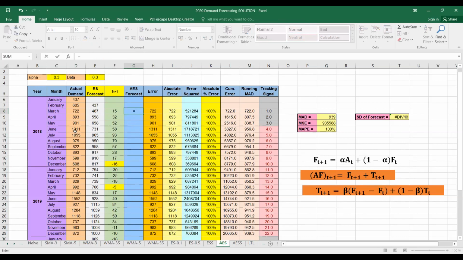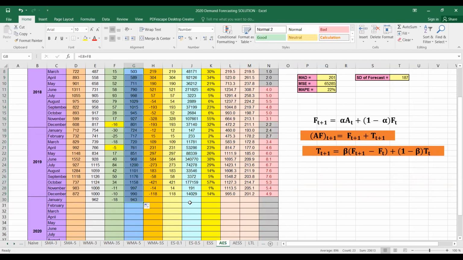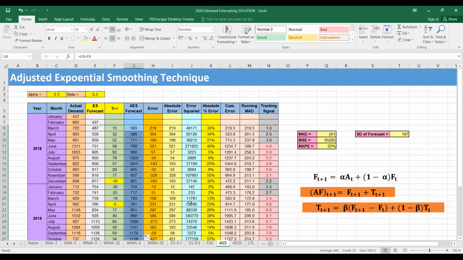That will be simply equal to this value plus trend. Here we assigned the values arbitrarily, so we can use Solver to find the optimum values.